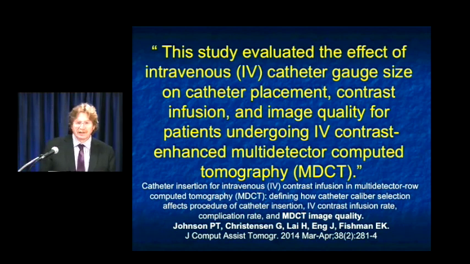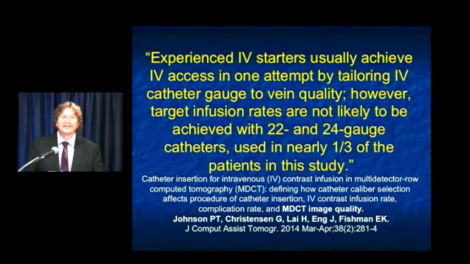Pam Johnson and Gail Christensen did an incredible study looking at these patients. And what they found was that when you use experienced IV starters, and at Hopkins we have an IV team, nurses, an IV team that starts the IVs, it's not the technologists, it's not the physicians. These people are really good, they're able to know what size vein, what size catheter will fit in the vein.